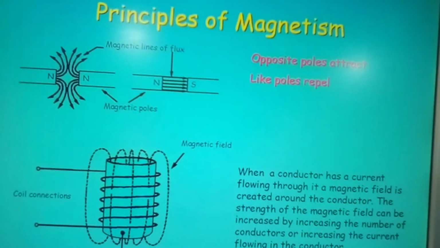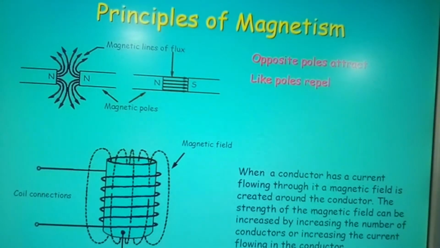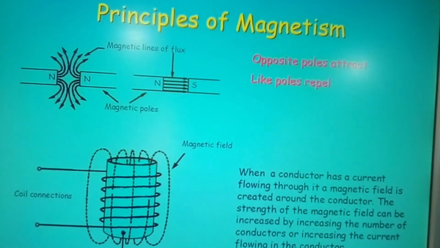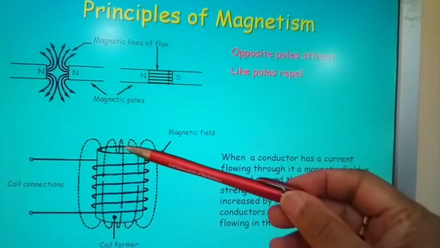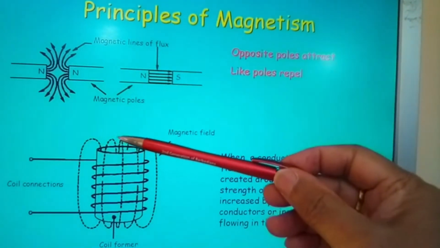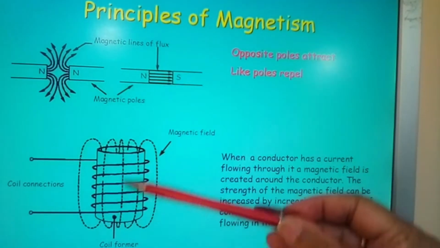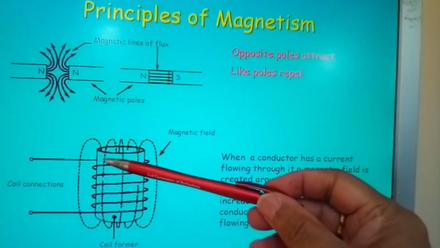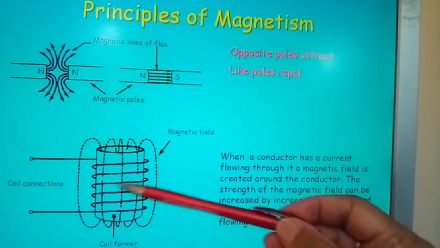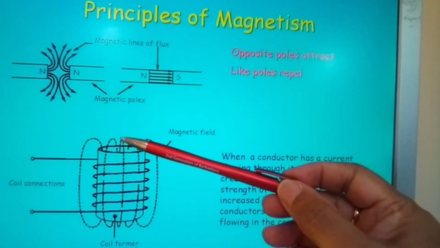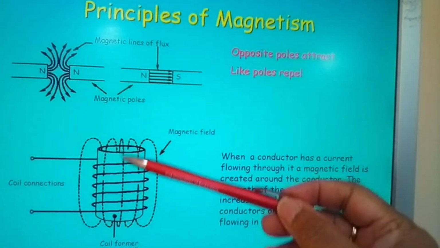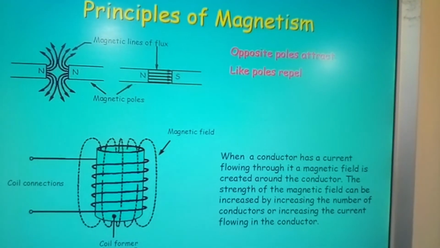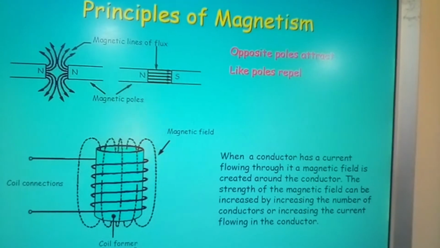Now, bear in mind that when this says air core, it means that there is no magnetic core in this conductor, in this cylinder, I should say. But if you were to put an iron core into that cylinder, you would increase the magnetic field some tenfold, if not more.